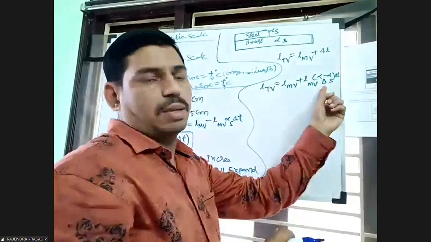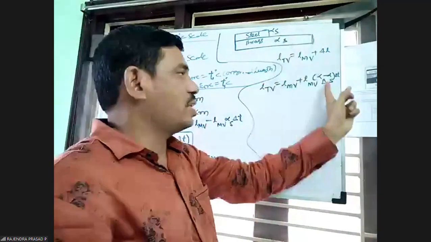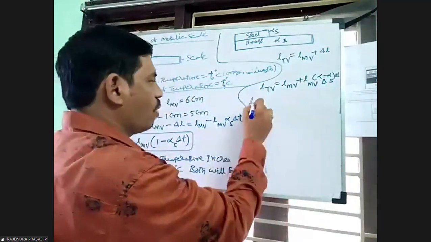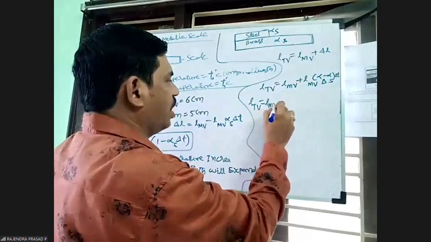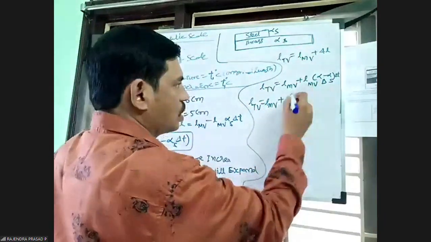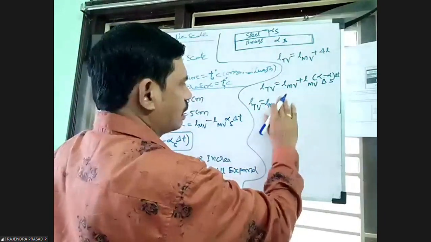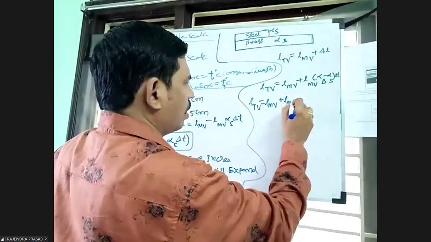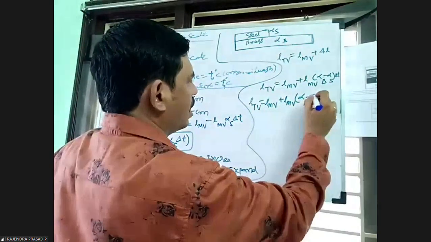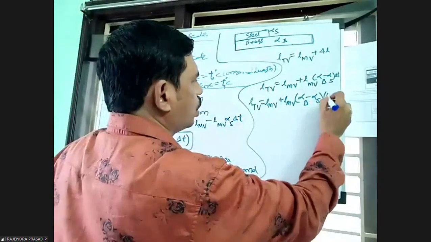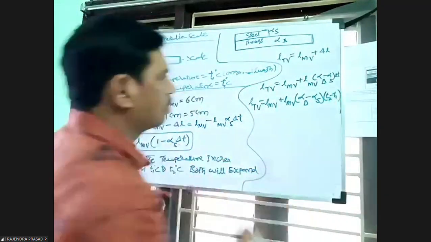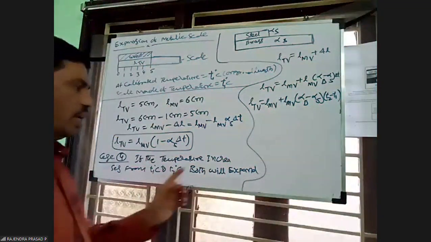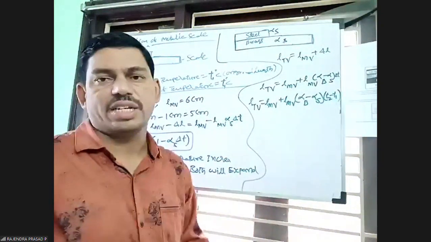Alpha B means brass, alpha S means steel. So L true value is equal to LMV plus LMV into alpha B minus alpha S into T2 minus T1, where T2 is the final temperature and T1 is the initial temperature.